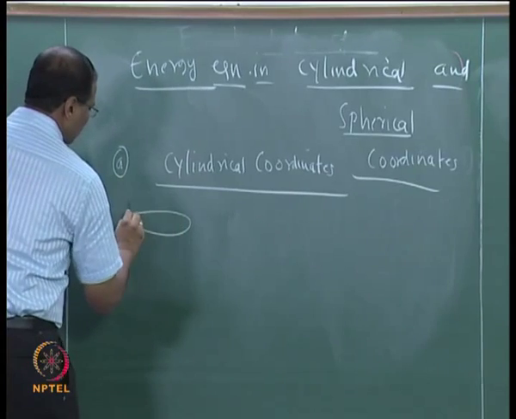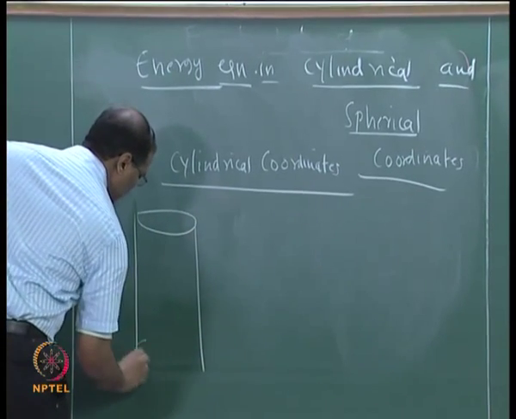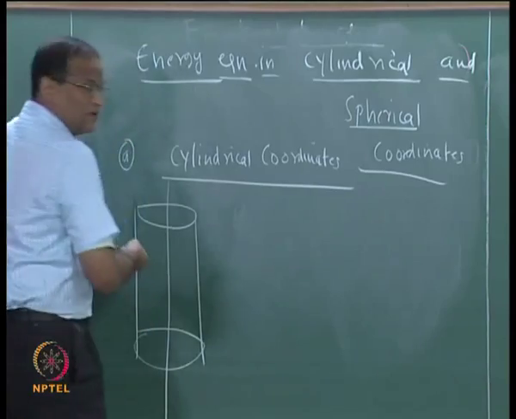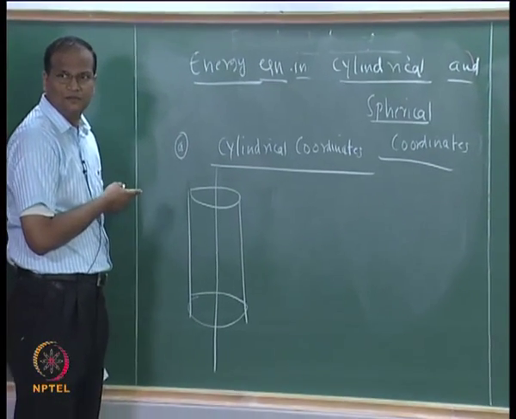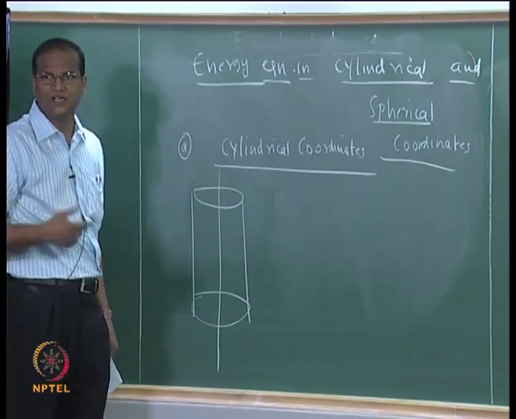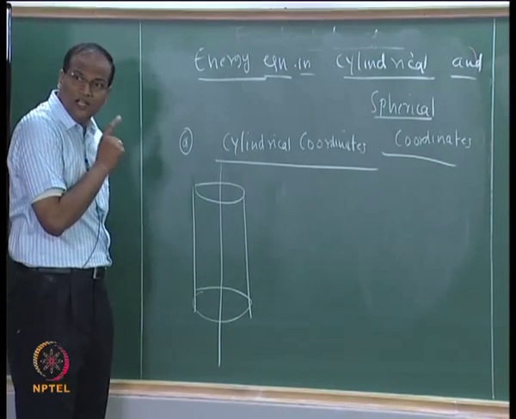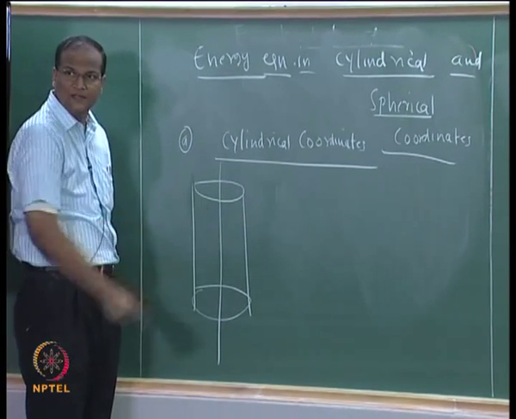So if you have something like this, this sort of geometry occurs basically in double pipe heat exchangers, that is concentric tube heat exchangers, nuclear fuel rods. They are mostly like this.